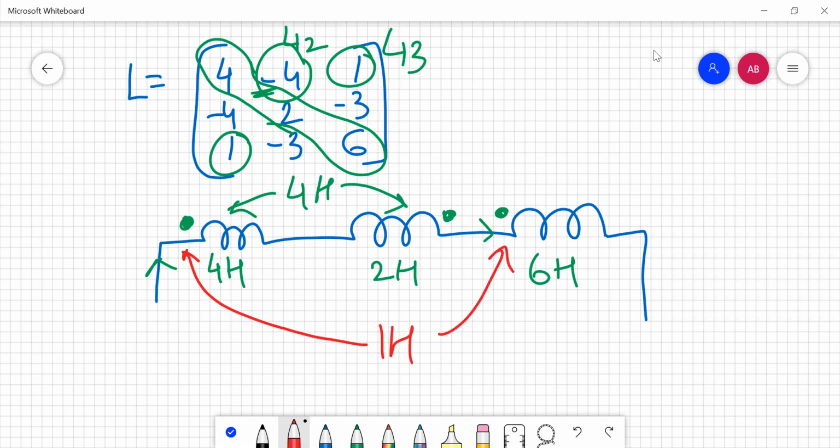And lastly, we come on to the mutual inductance coefficient between 2 and 3. As it is leaving here and it is entering at this, the negative sign is there. We need to only mention that the mutual inductance between the two is 3 Henries. So this is how you perform it. You have to indicate all the inductances, whether it is mutual inductance or whatever it is, and you will be given the inductance matrix.